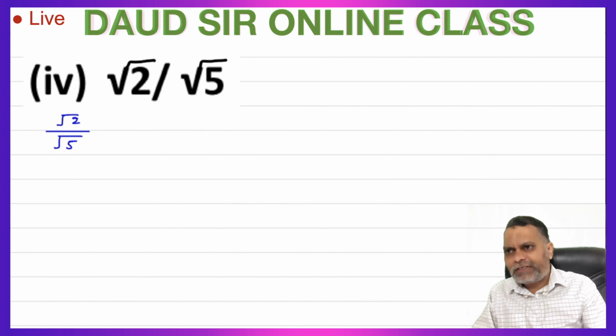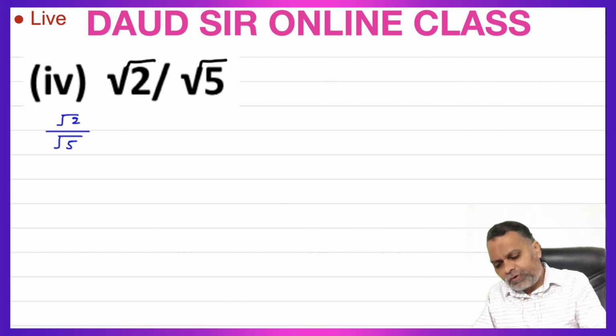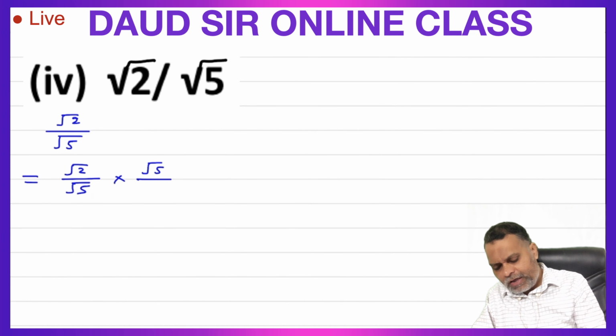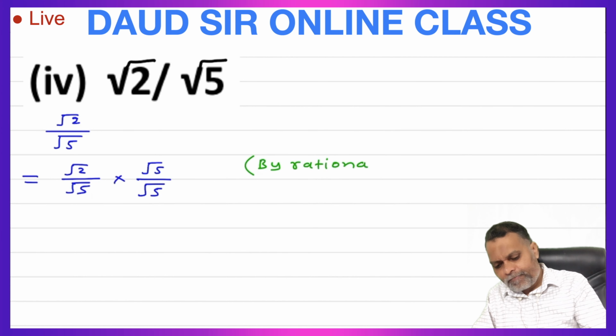By rationalizing the denominator, multiplying and dividing by root 5, we get root 2 upon root 5 into root 5 upon root 5.